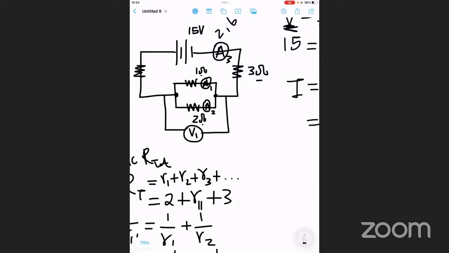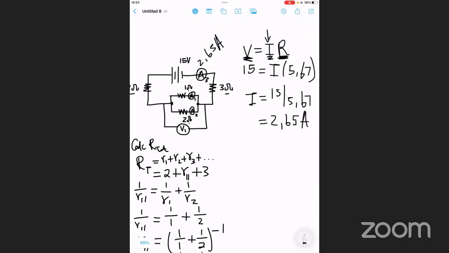Why? Because you just need to know A1, then you can say total minus the one on A1, the remainder is A2. Or for A2, you just subtract it from the total to get the other one.